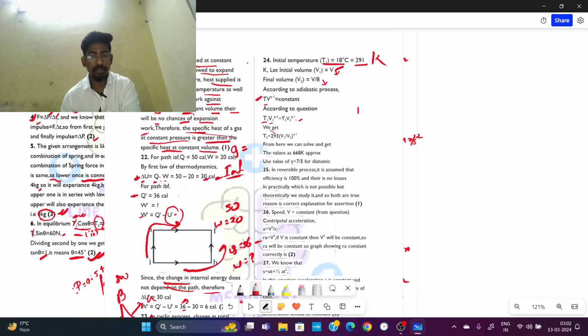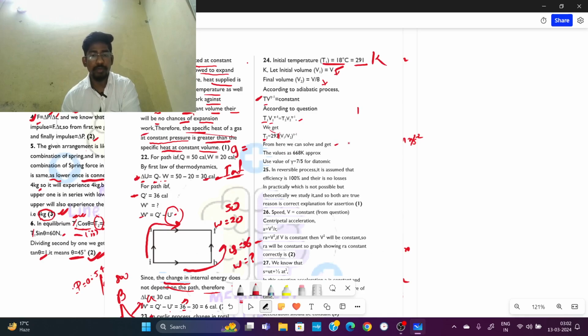If we put the values, T2 equals 291, a little mistake earlier, it will be 291, times V1 by V2 to the power gamma minus 1.